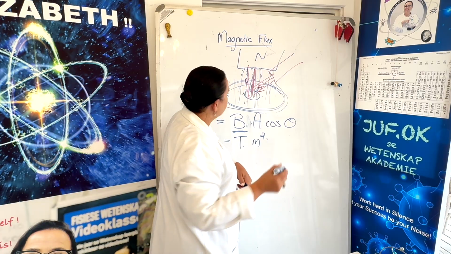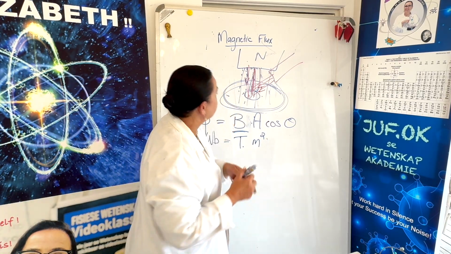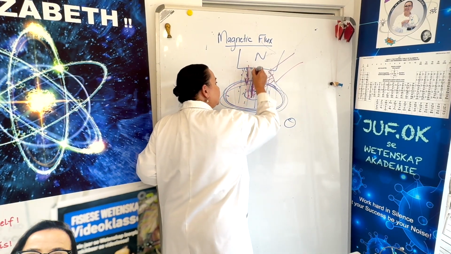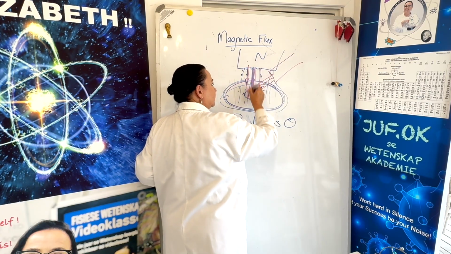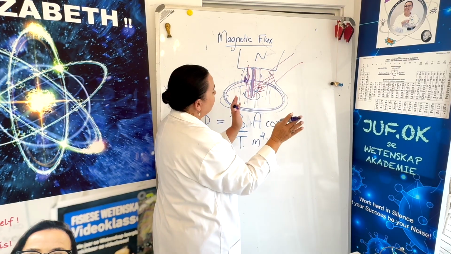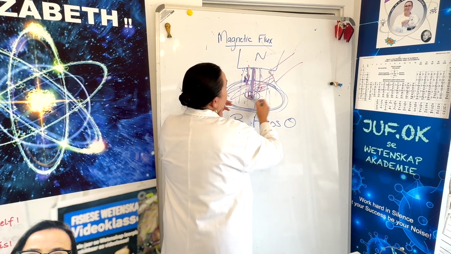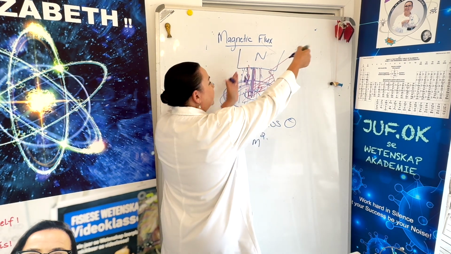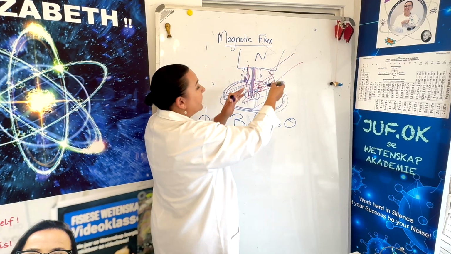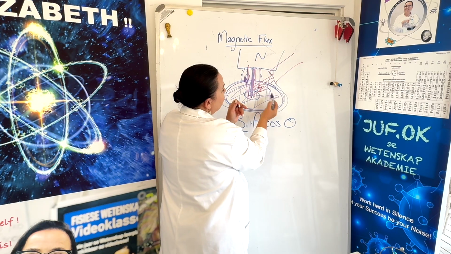So if I can show that to you again, let me use maybe a different pen color. So there is my area. That is my normal. That's just the line. Of course, I can't see it, but I know it's 90 degrees to the area. And if I then have my magnetic field lines coming with an angle, I'm not going to measure the angle towards the area.